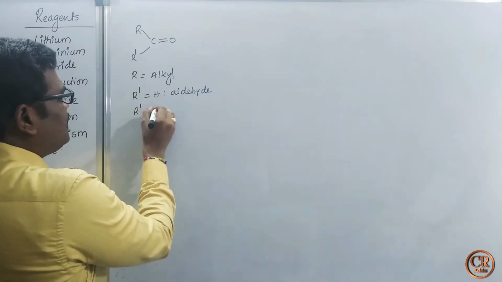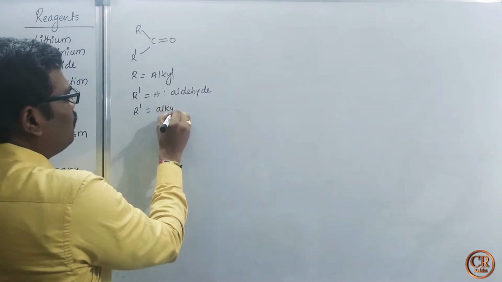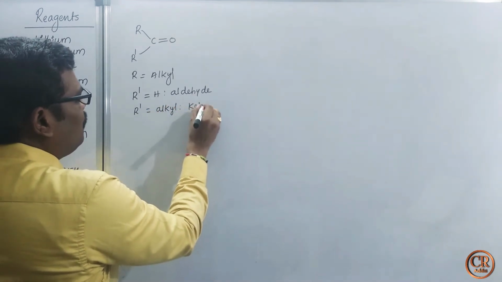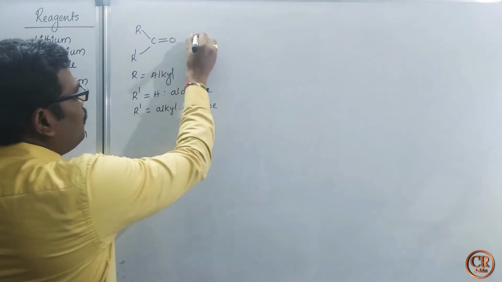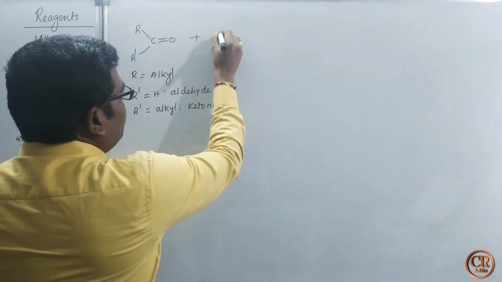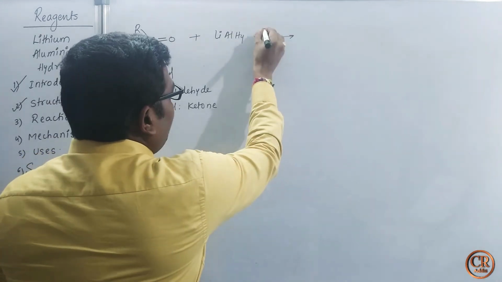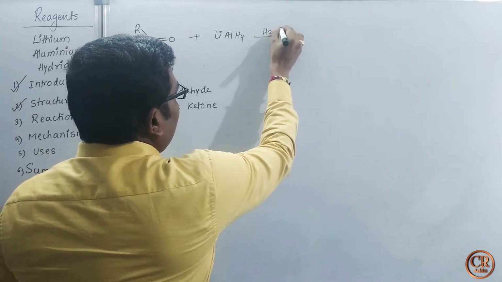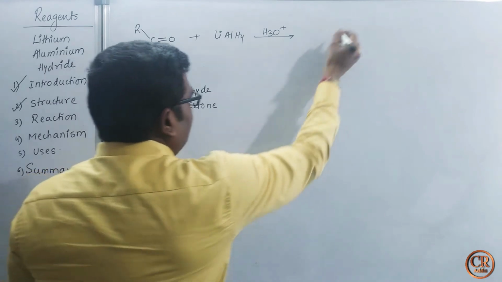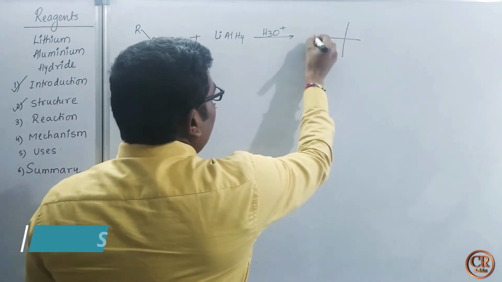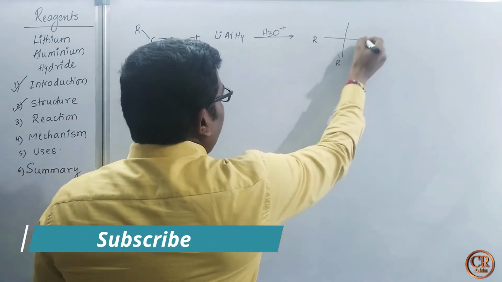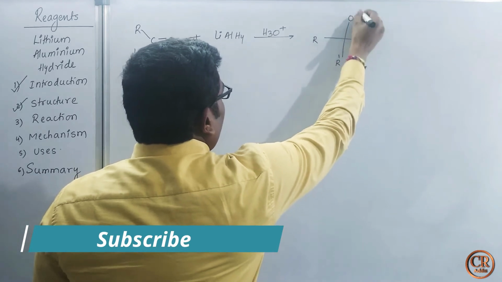If R dash is any alkyl group, then this is called ketone. Now when this carbonyl compound reacts with lithium aluminum hydride followed by hydrolysis with water in presence of acid gives reduced product. This reduced product is an alcohol.